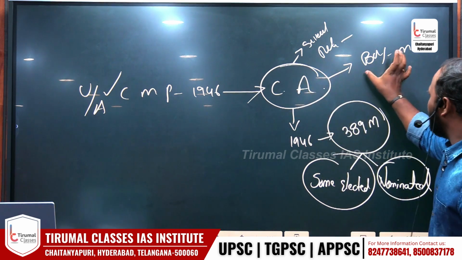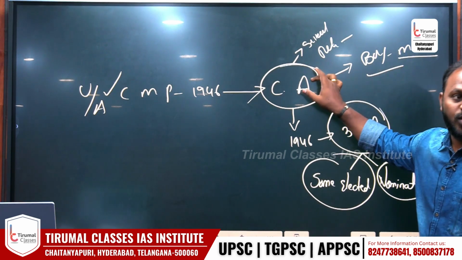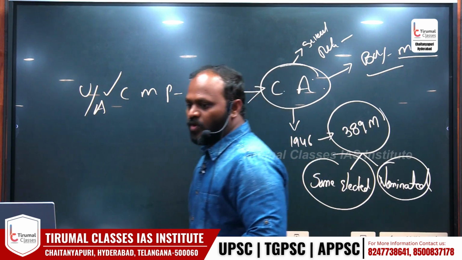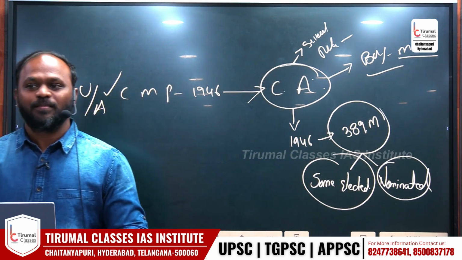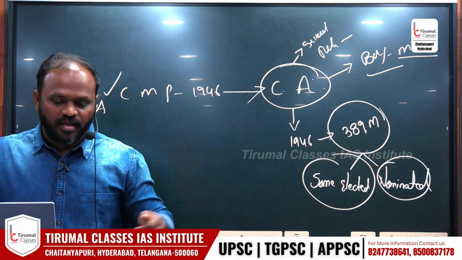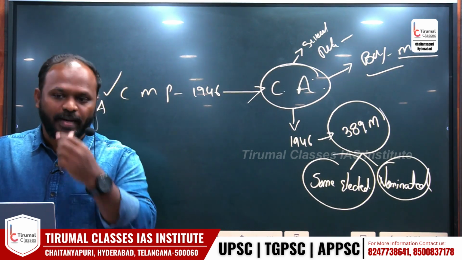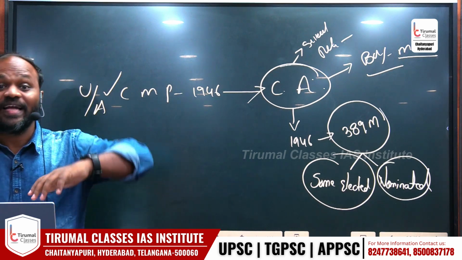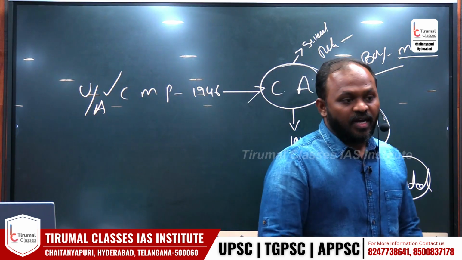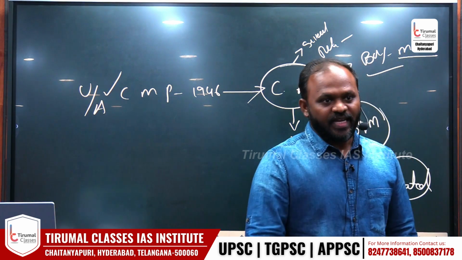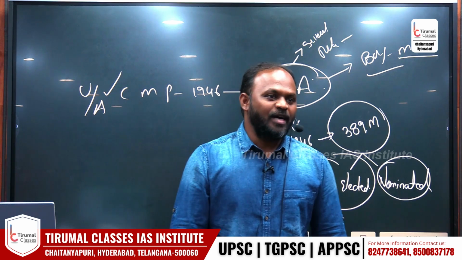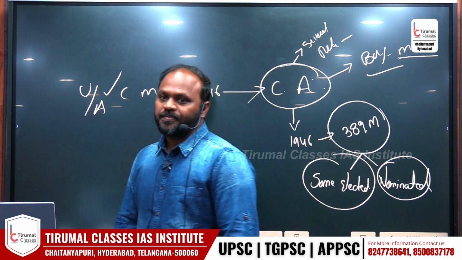So the Muslim League boycotted what? The Constituent Assembly. Why did they boycott? Very simple, I will tell you this. Initially the Muslim League was founded by Aga Khan. At a later stage, it was led by Muhammad Ali Jinnah. Like India ki father Gandhi ji ela antamo, Pakistan ki evaraina Muhammad Ali Jinnah.